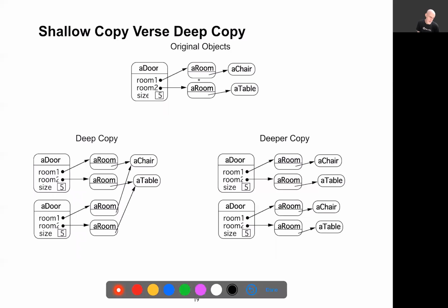So if we're making a copy of the state of an object, we have to make a deep copy, or copy all the way down, right? Is the issue clear here?